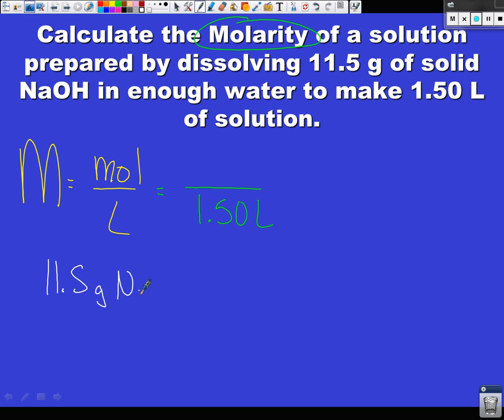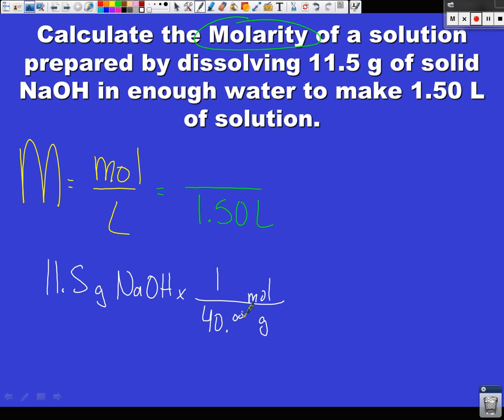So 11.5 grams of NaOH. We've got to go grams to moles, and I'm asking for a super nerd. Does anybody know the molar mass of sodium hydroxide? Very good, Dustin. Well done. It's 40 even. There's several that you'll begin to memorize. This is one of them. Anybody got that number? 1 mole. Oh, what's the answer?